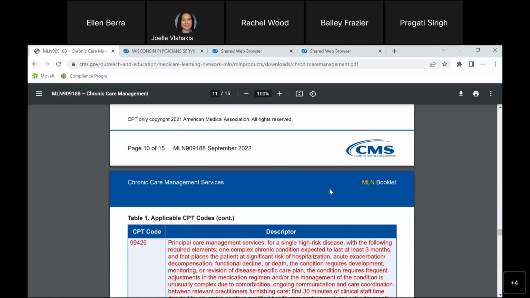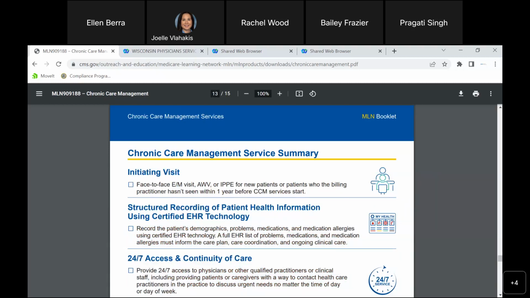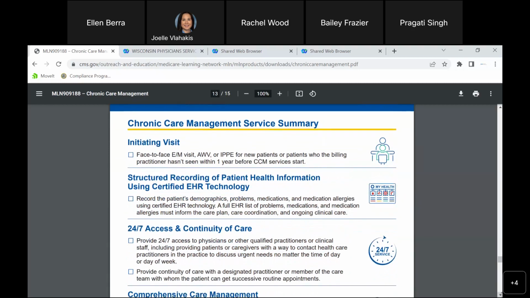If we continue on page 13, this just provides you with some summary information. And it basically goes through all of the other things that are contained within this document and simply provides you with some additional information. So we've talked about the fact that we have YouTube videos available for you.